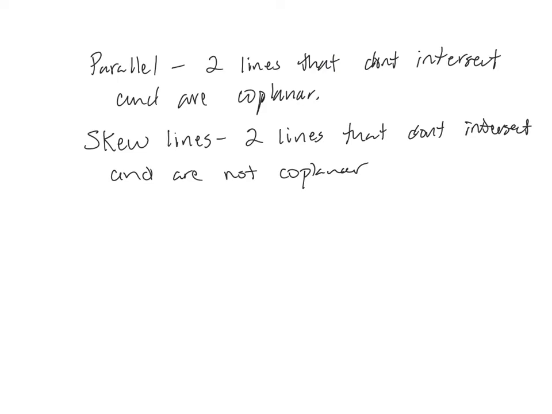But if you drew a line across the wall from right to left, and then you drew a line across the floor in the opposite direction, so going toward the wall that you drew the line on, they would not cross. But they are not parallel. They're going in different directions. So that's another way to look at it: parallel lines go in the same direction, the skew lines go in a different direction.